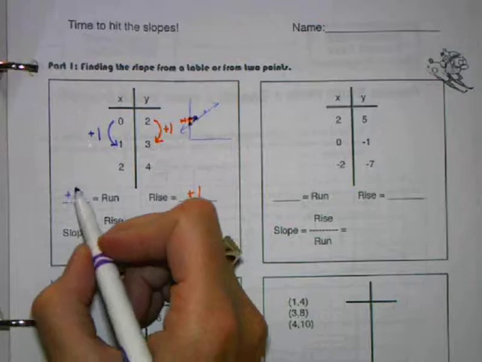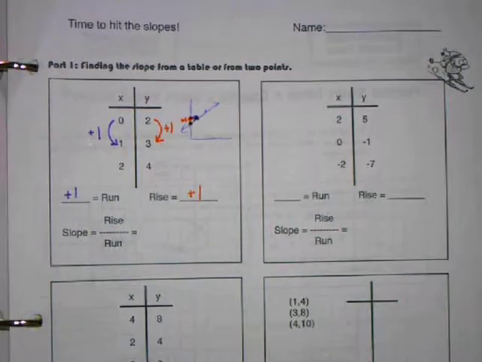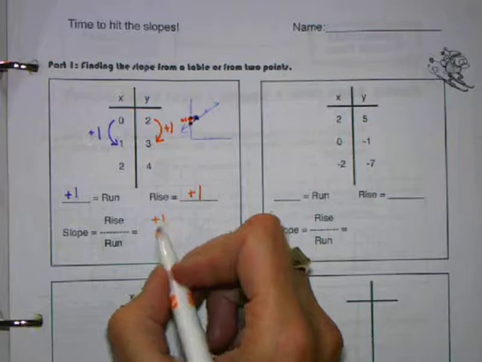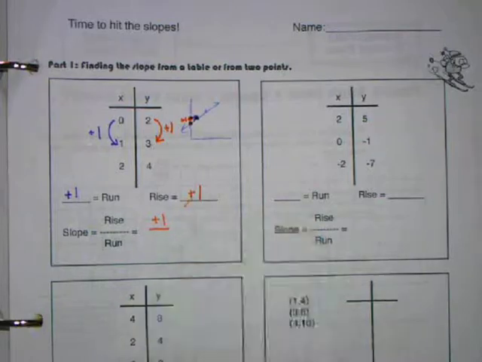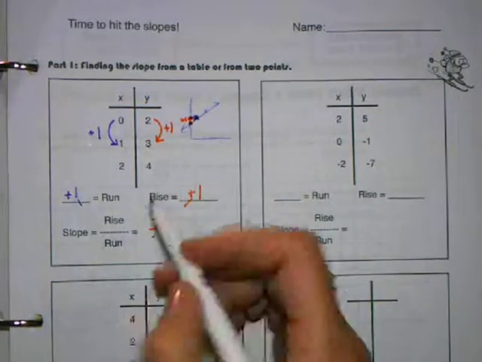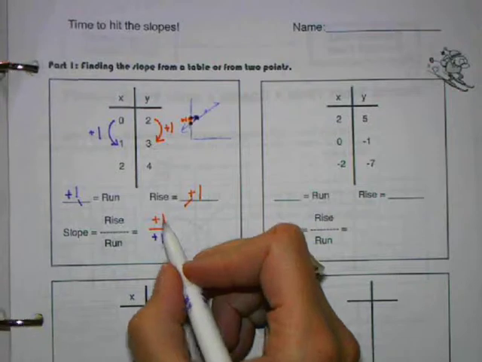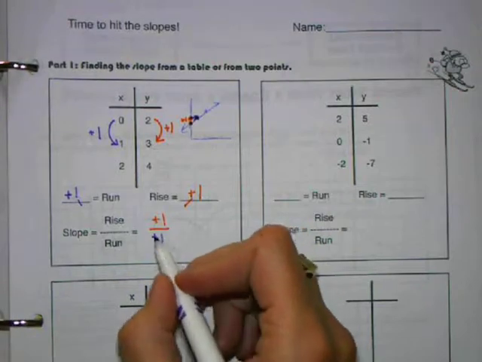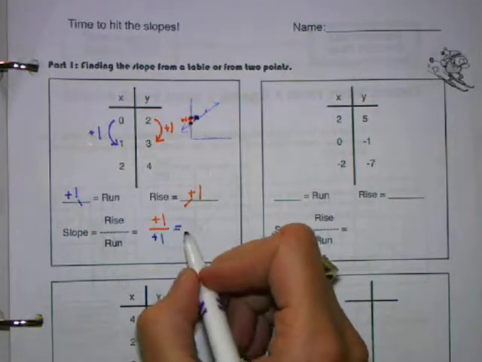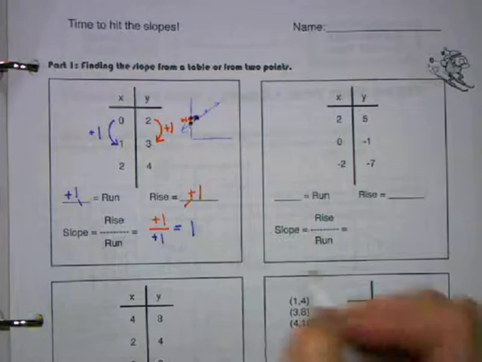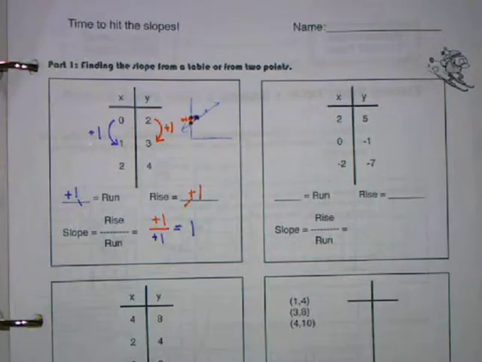So in this case, our run is positive 1. And then we need to remember that our slope is rise over run. The rise is positive 1. We have that from here. And the run is also positive 1 from here. Positive 1 over positive 1. Well, a positive divided by a positive still gives us a positive, and 1 over 1 is just 1. So the slope of this line is 1.